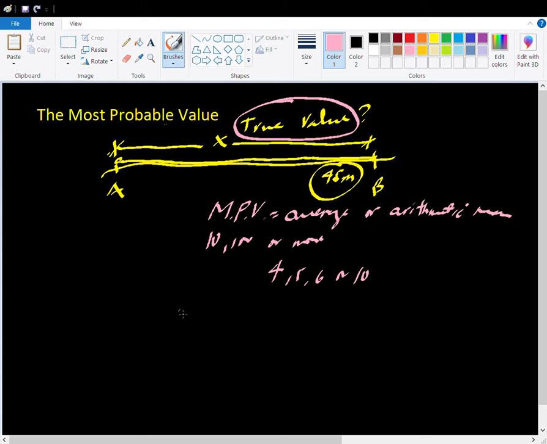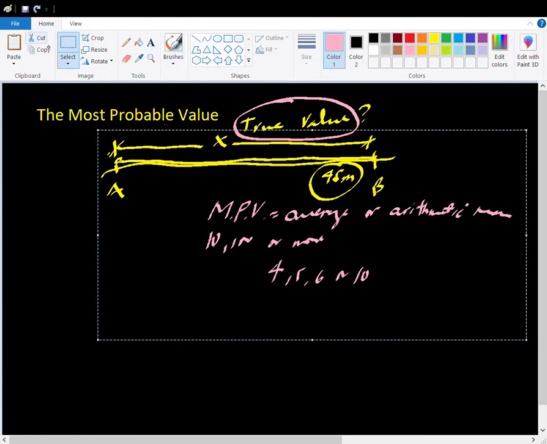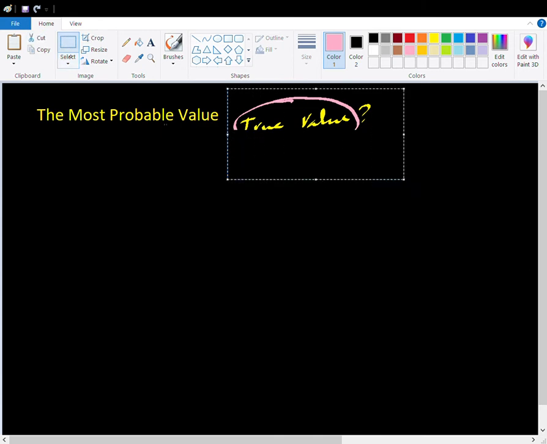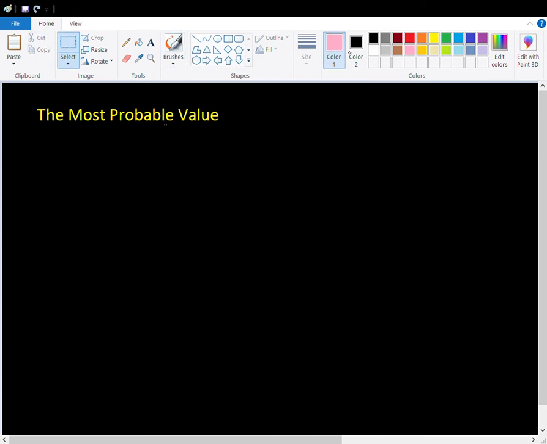Okay, so to find the most probable value, let's write down the formula. Let us write down the most probable value.